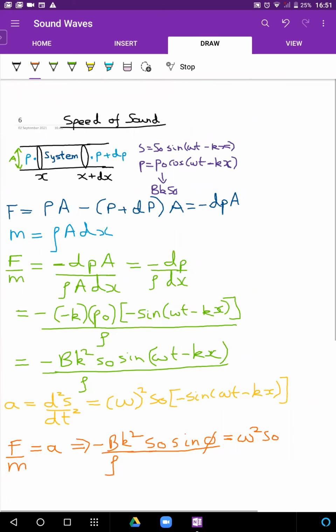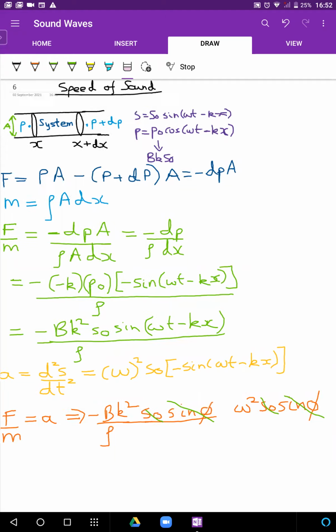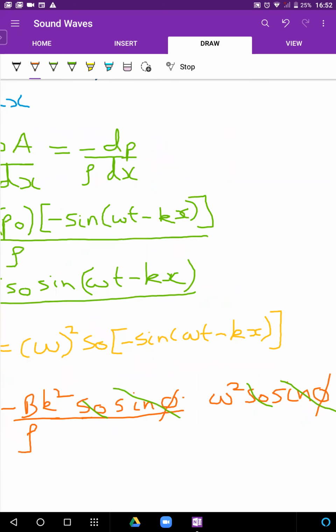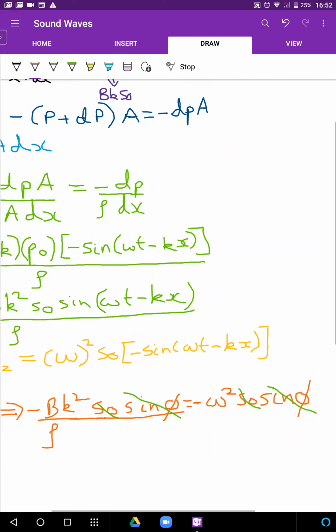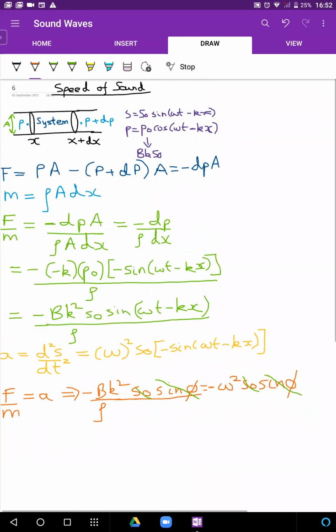Same thing, sine phase. So as you can see, sine phase was exactly the same term. That will cancel out. S naught will also cancel out. Okay, and by the way, I had a minus sign, that will also cancel out.